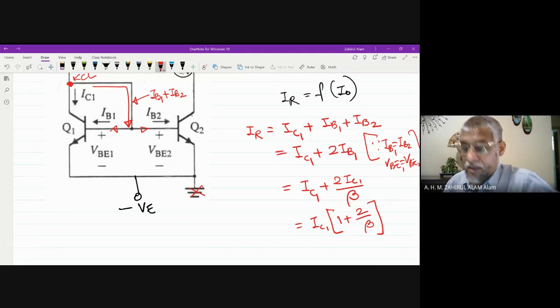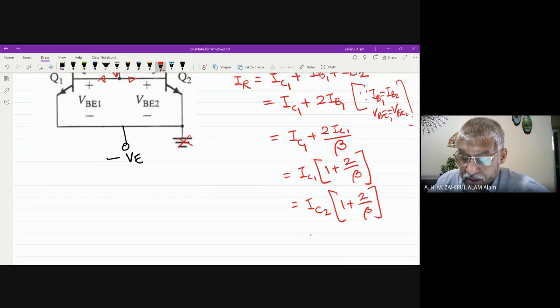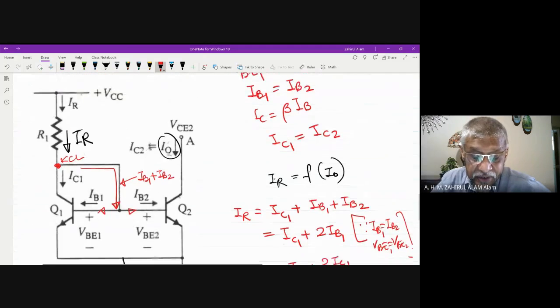Correct? So now I can write IC2 times (1 plus 2 by beta) because IC1 equal to IC2. But what is IC2? IC2 is equal to I naught.